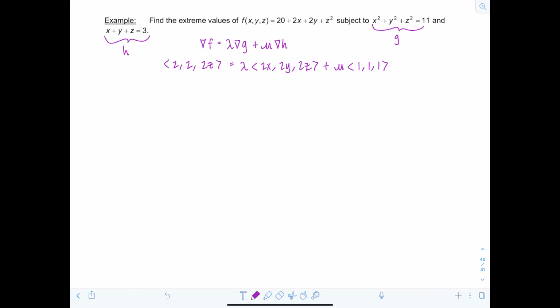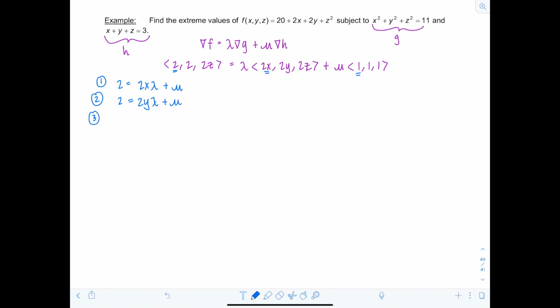All right, again, I have 5 unknowns, so I should have 5 equations. First equation, we're going to set all of the first components equal to each other. So we have 2 equals 2x times lambda plus mu. Equation 2, I have 2 equals 2y times lambda plus mu.